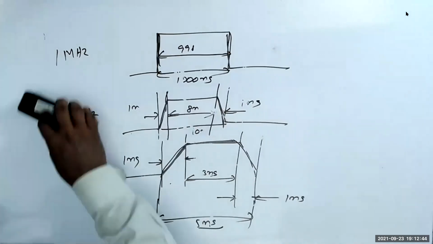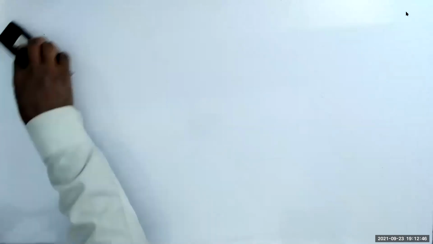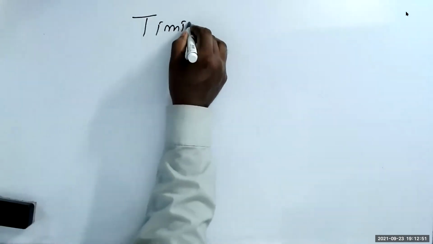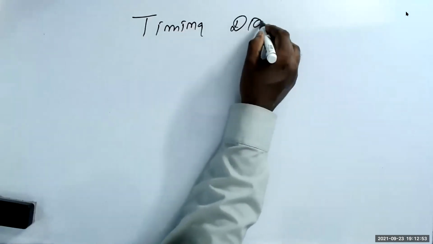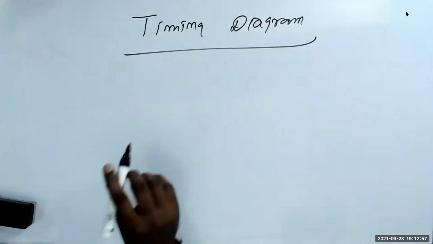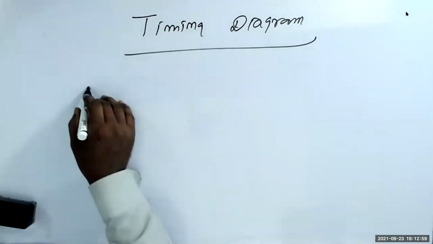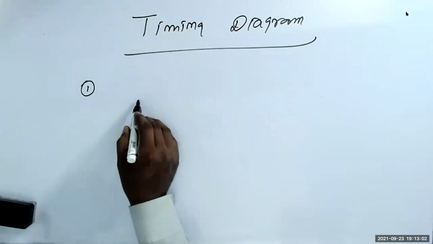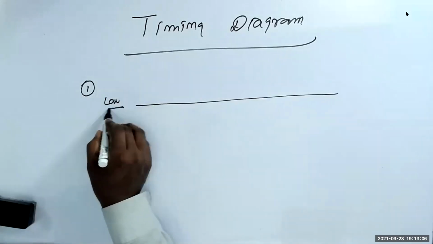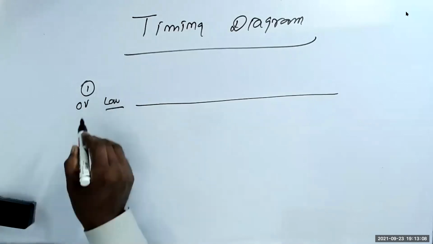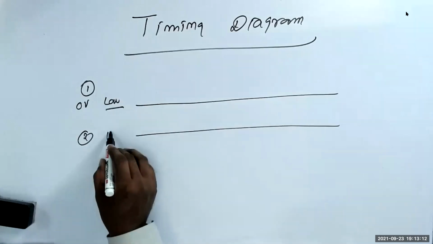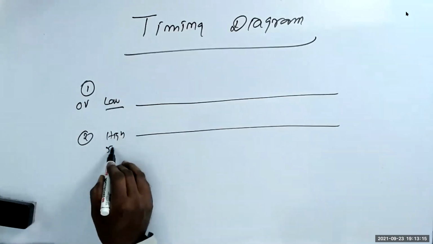Okay. So what I'm trying to say is what you will see in a timing diagram. First, low. This is low, that is 0 volt. Second, high, 5 volt.